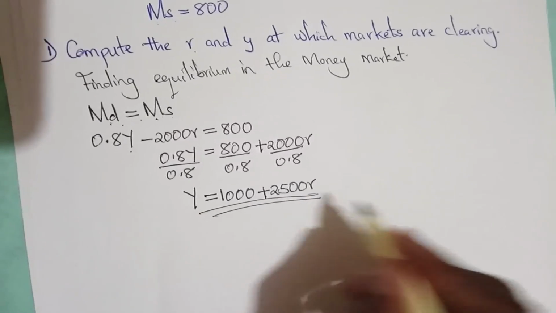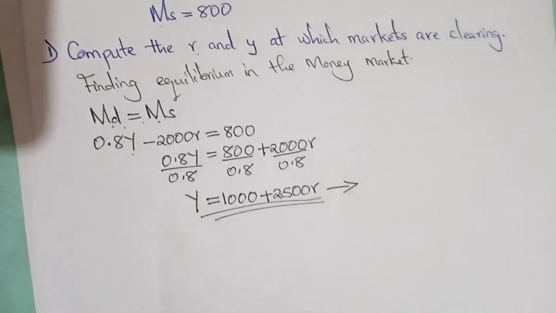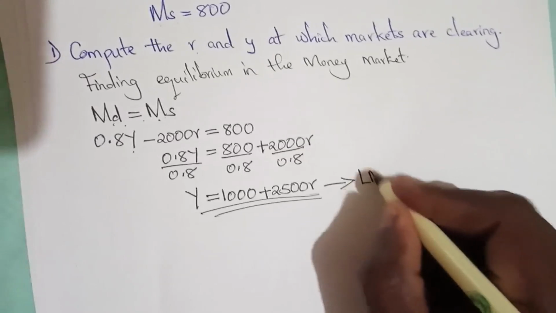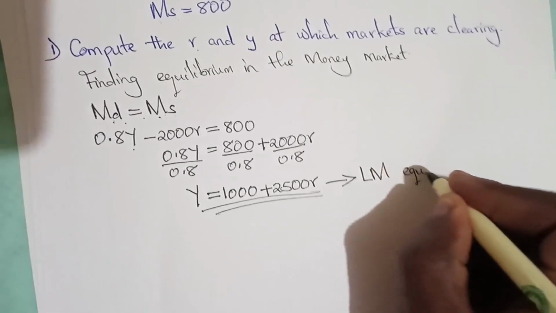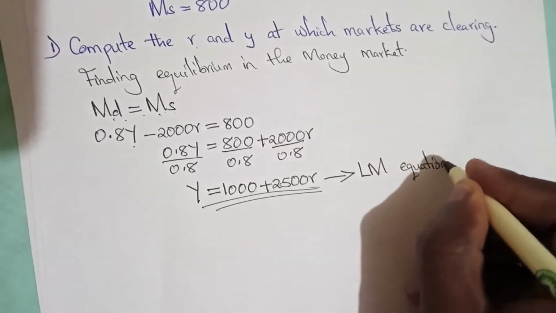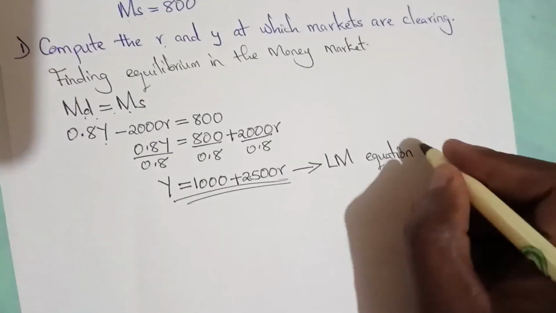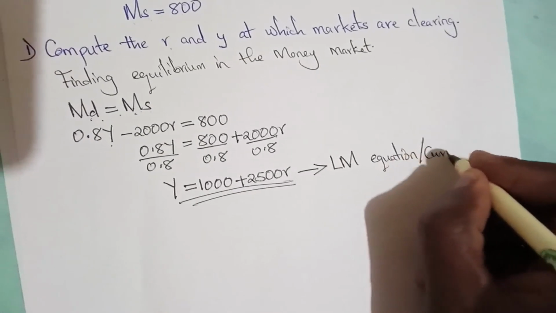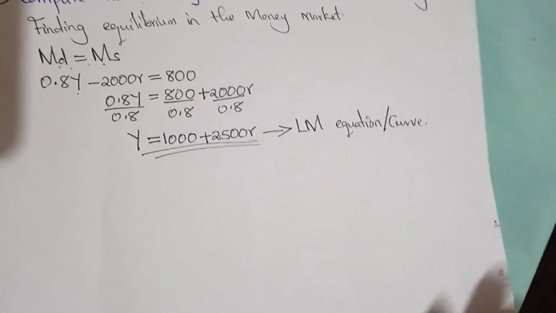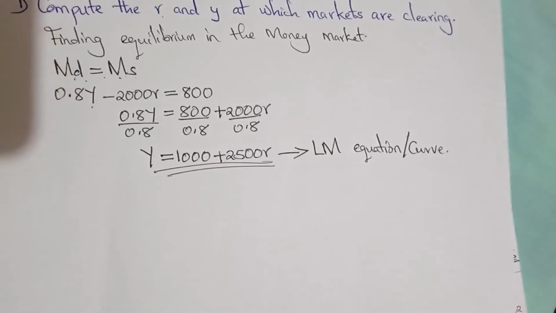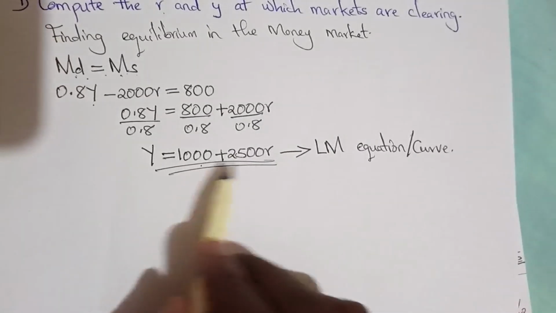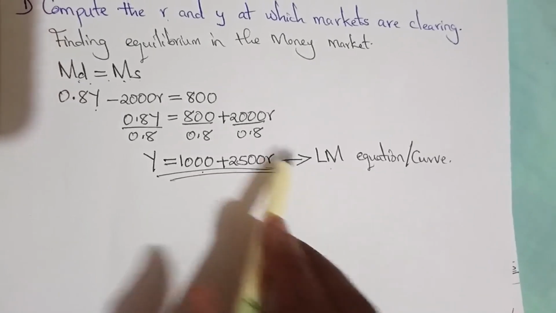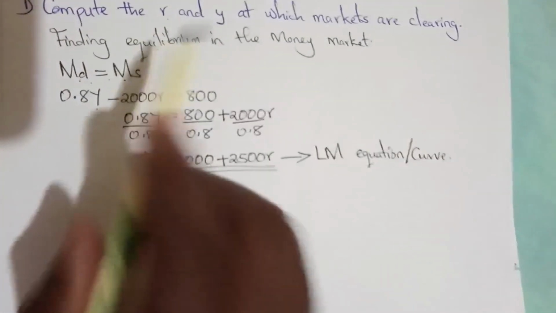Guys, what we have gotten here is what we call the LM equation, or in other terms, the LM curve. This is the equation of LM at which the market is at equilibrium.